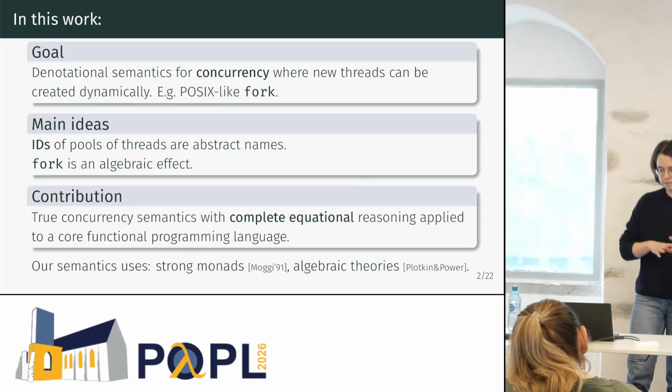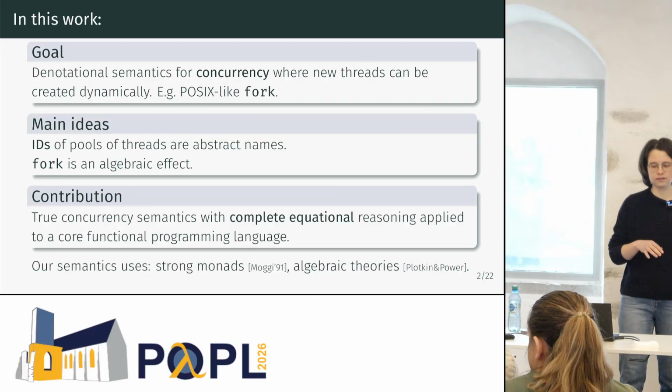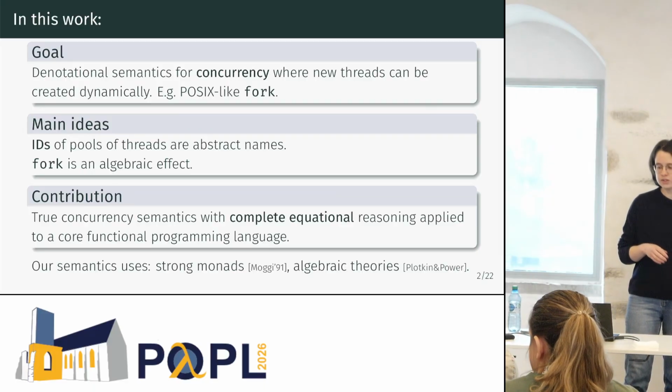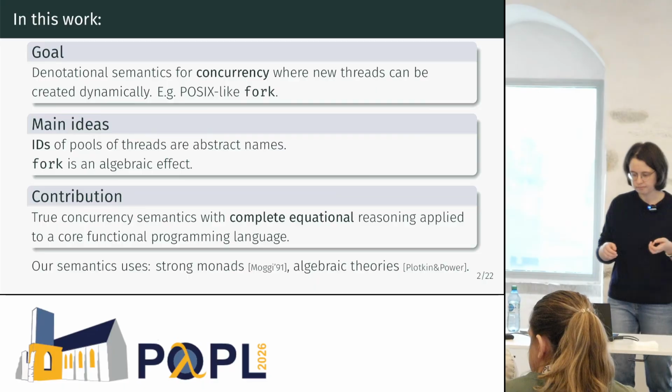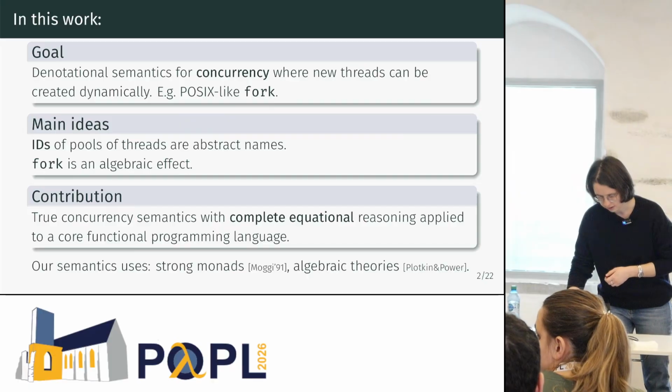The main point of this work is that we give a true concurrency semantics to a core functional programming language, but we also give a complete equational axiomatization for our semantics. To do this, we use strong monads and algebraic theories.